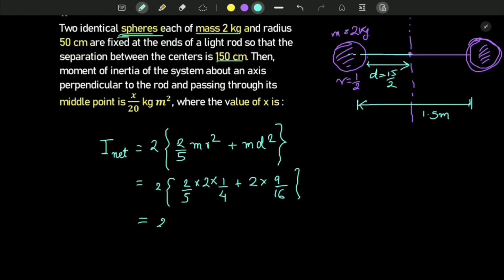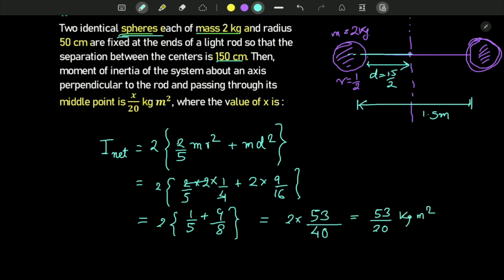So this is 2 times, this gets cancelled, 1 by 5 plus 9 by 8. Calculating it, the LCM is 40, and above it is 8 plus 45, so 53. So ultimately I will get 53 by 20 kg m².